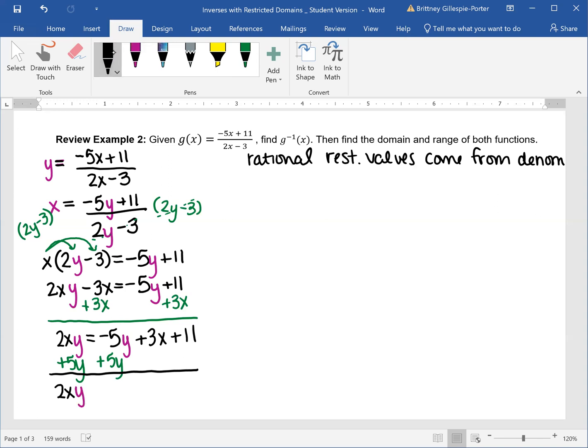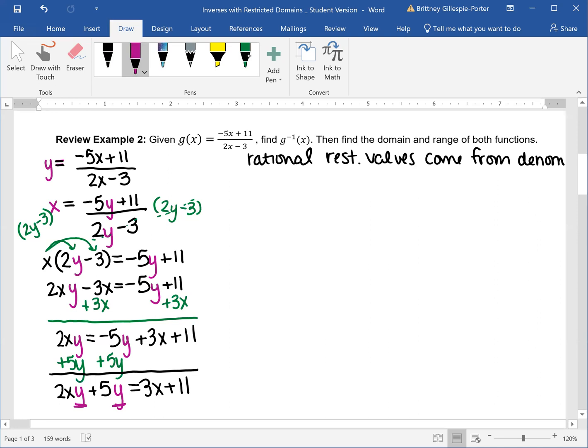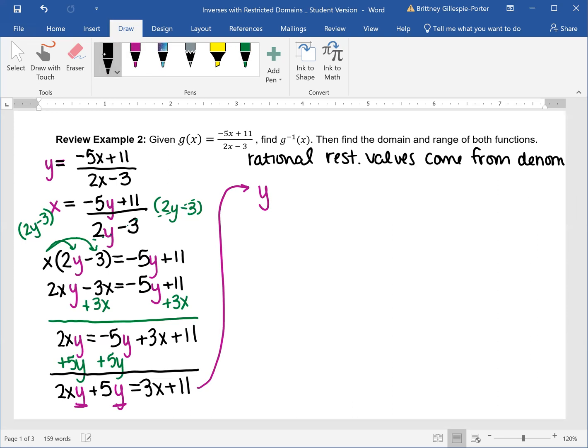2xy plus 5y equal to 3x plus 11. And now notice on the left-hand side, we have a y in both terms, which means that we are going to factor out the y. We'll have 2x plus 5 in parentheses equal to 3x plus 11.